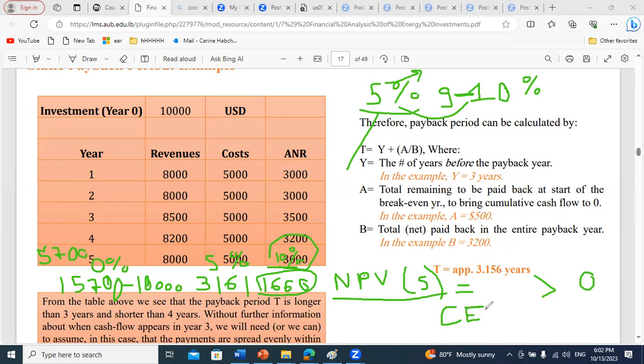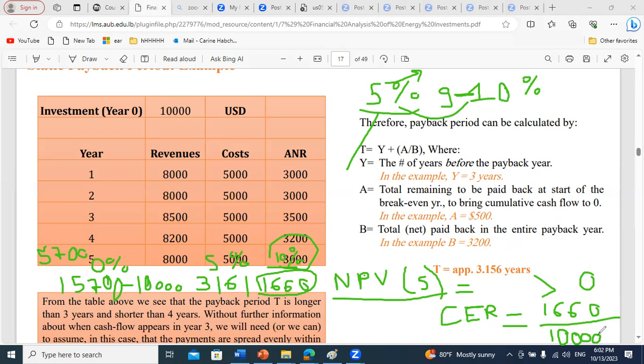The capital enrichment rate is equal to the ratio of what we gain over the investment. For 10% I gain $1,660 for an investment of $10,000, which is around 16% of my investment, which is not very good.